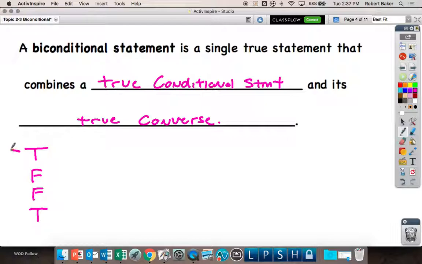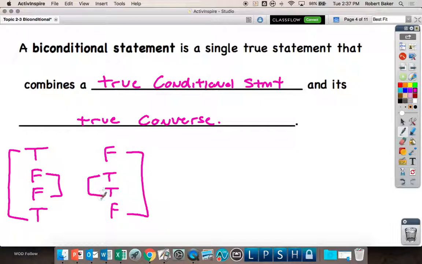I said that these have to match and these have to match. Or we said it could be... I said that 99% of your projects would look like this. The first one would be true, it would be false, false, true. Or it would be false, true, true, false.